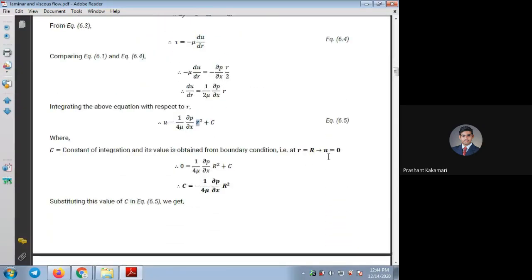Substituting these boundary conditions in this equation, I can write 0 equal to 1 by 4 mu dou p by dou x into capital R square plus C, because velocity is 0 at the wall. Now C is minus 1 by 4 mu dou p by dou x into capital R square. This is the constant of integration.